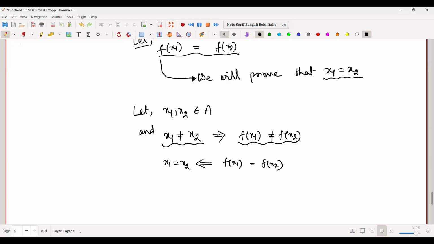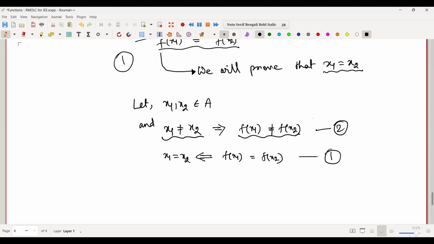This is one case and this is the second way. So this was the first way and this was the second way. So these are two ways to prove a function is one-one.